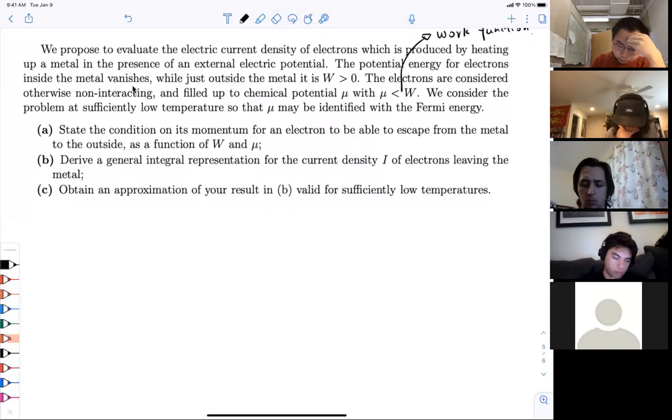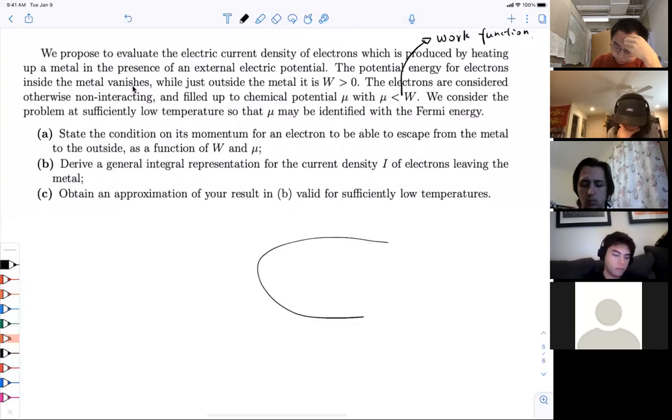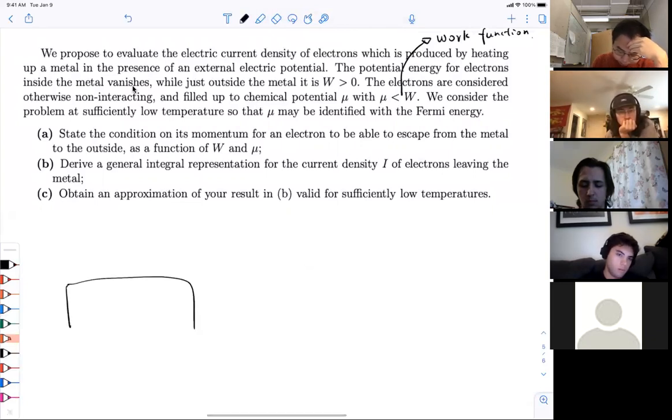Okay, so basically we have a metal, and let's draw it in this way. We heat it up to some temperature, I don't know, T gas.